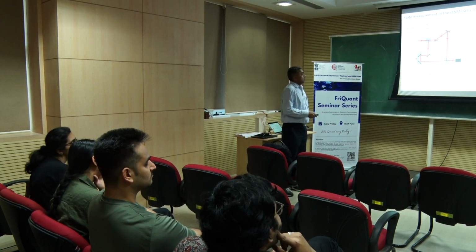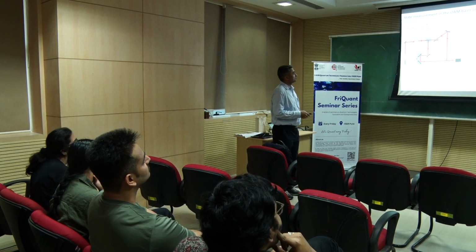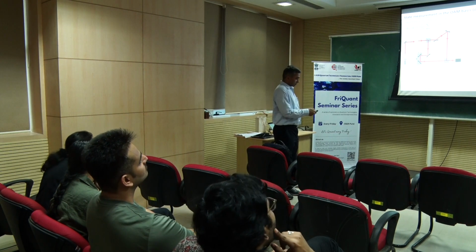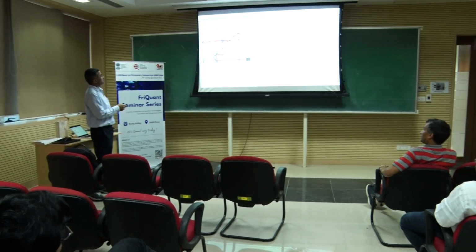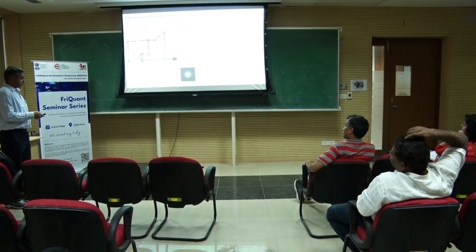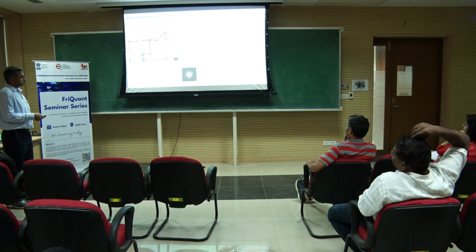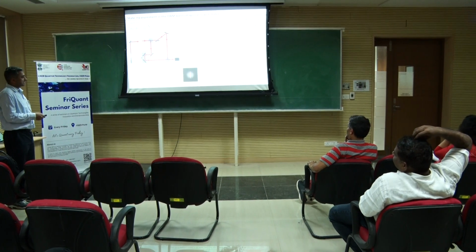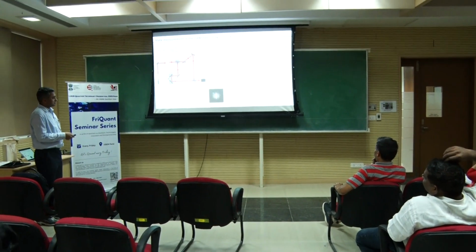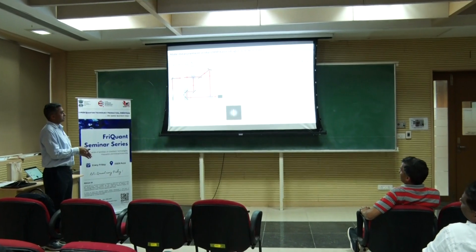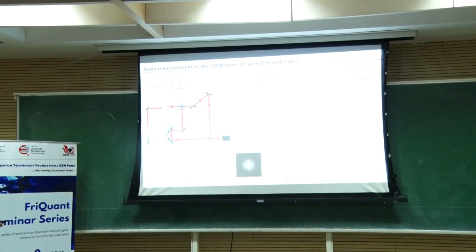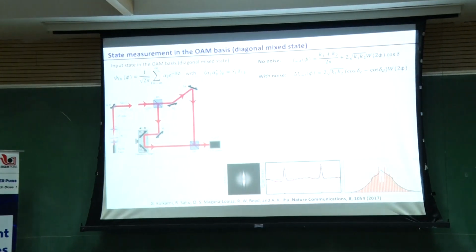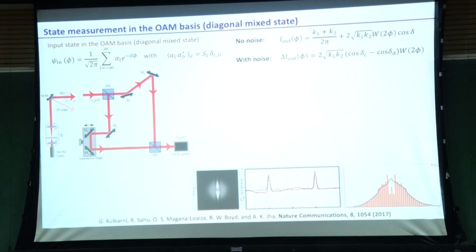So then we did this experiment. We made a lab-synthesized field, and here we were trying to make a Gaussian spectrum. If you take delta equal to delta C, this is how the pattern on the CCD camera looks. This is two-dimensional, but you plot it as a function of phi, and you see the noise.